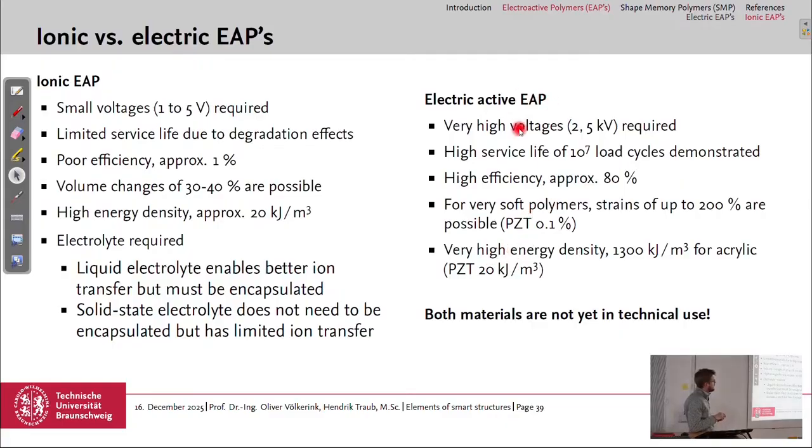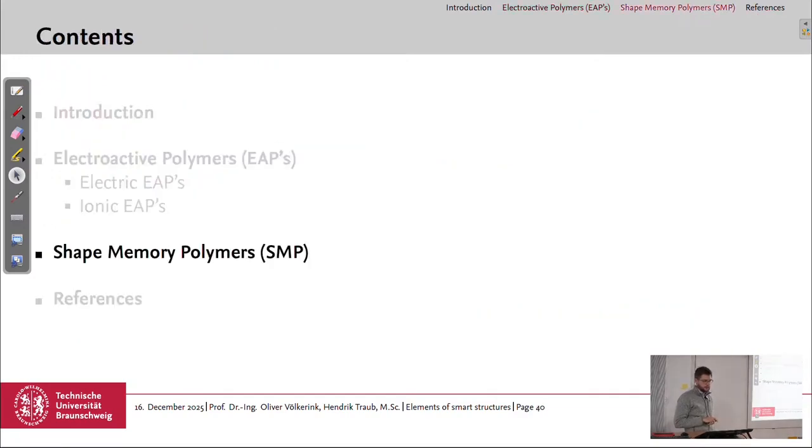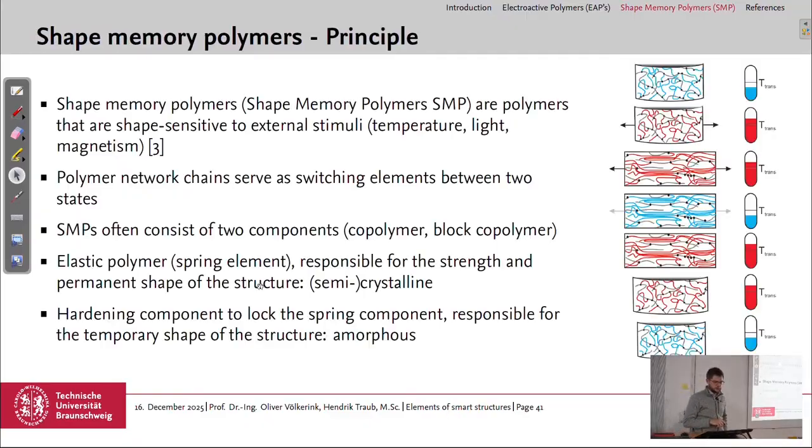And for the EAPs, if we have very soft polymers, we have strains up to 200%, and also very high energy densities, but as mentioned, both materials are not yet in practical use. So with this, we close the electroactive polymers and go over to the shape memory polymers, only briefly, but it's also a functional polymeric material.